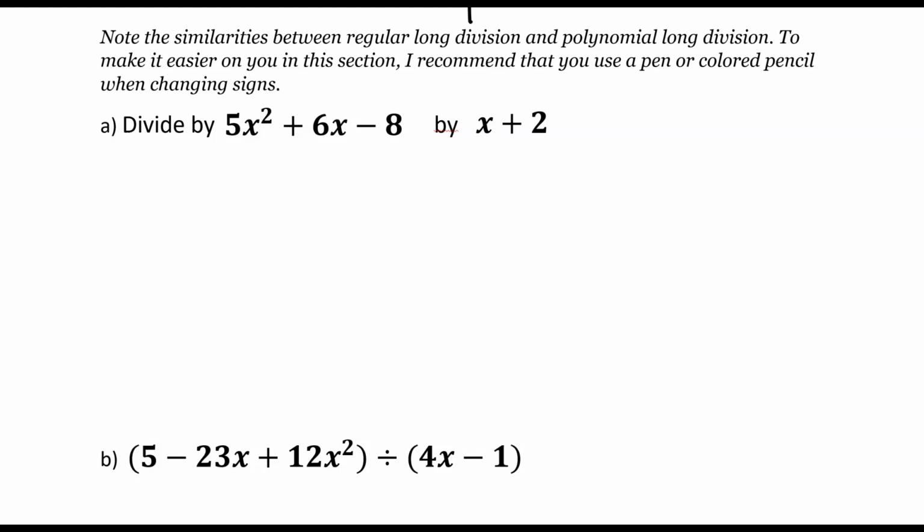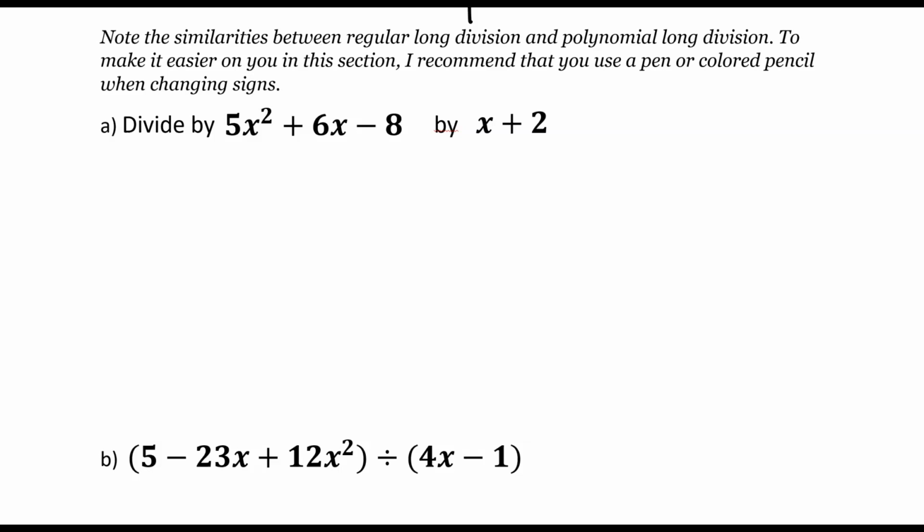So notice in these following examples, I've changed up the instructions, but notice that it's all division, right? A actually says divide, but B has a symbol for division as well. I wanted to switch that up so you would know that you can use the same method to divide polynomials.